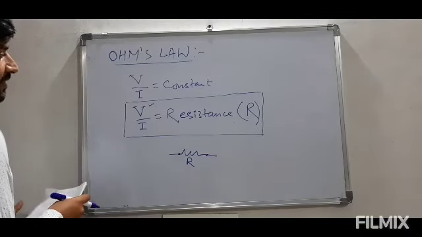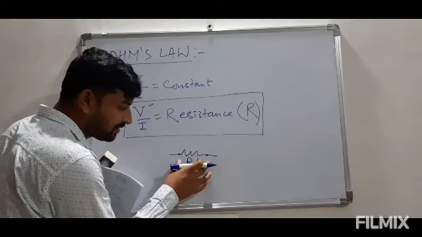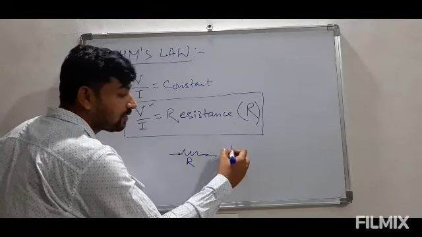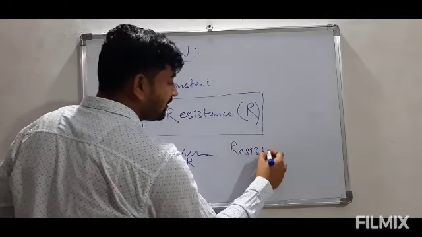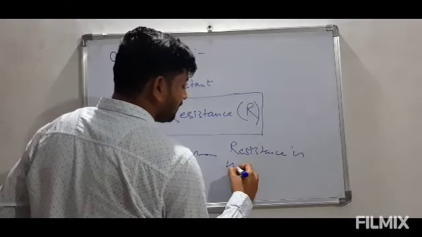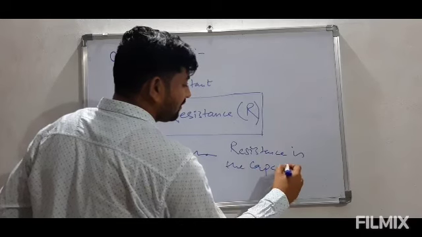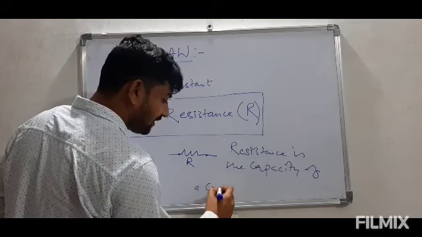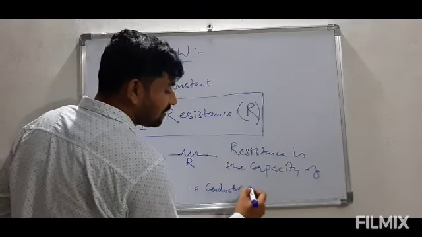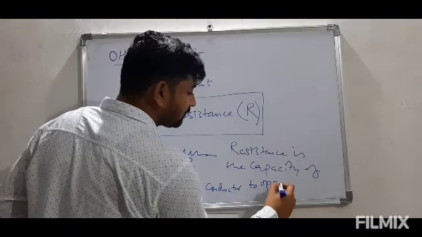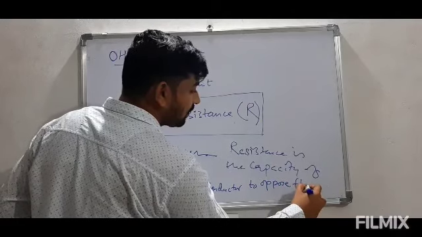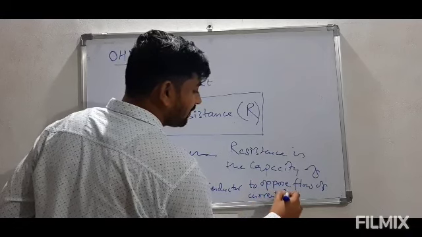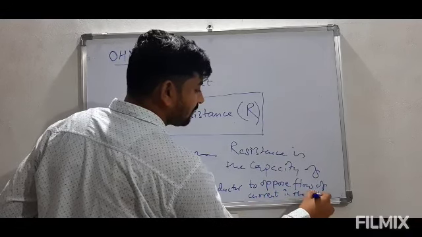Actually this resistance is the capacity of the conductor. Resistance is the capacity of a conductor to oppose flow of current in the circuit.